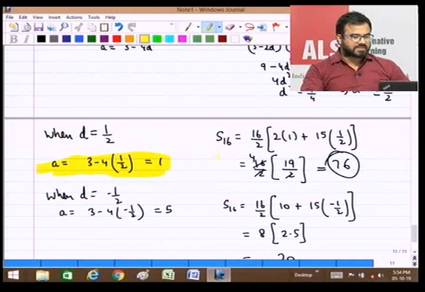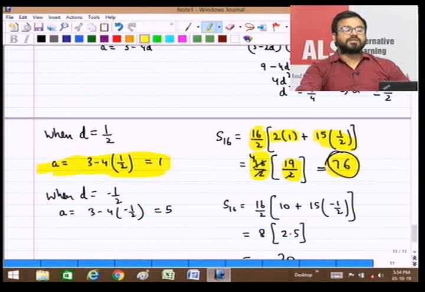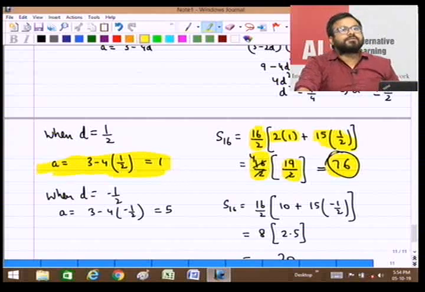And when we do the sum of 16 terms, it is n by 2 into 2A plus n minus 1, 16 minus 1, which is 15, into D. So 2 plus 15 upon 2, which is 19 by 2, and 19 by 2 into 16 by 2, that is 76, not 304. Getting it, Kohima?